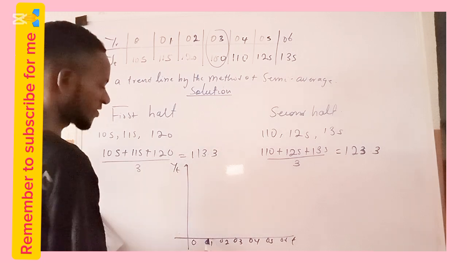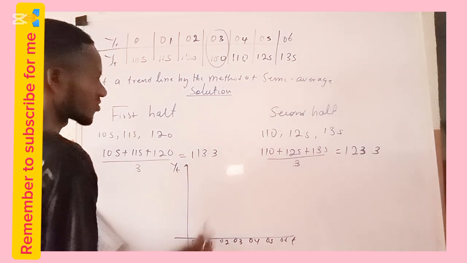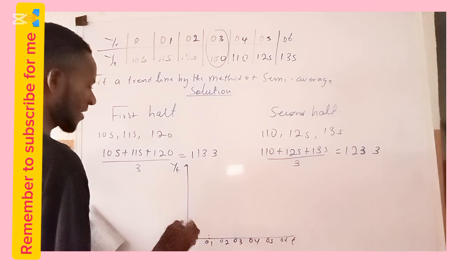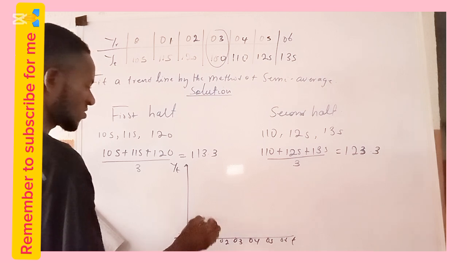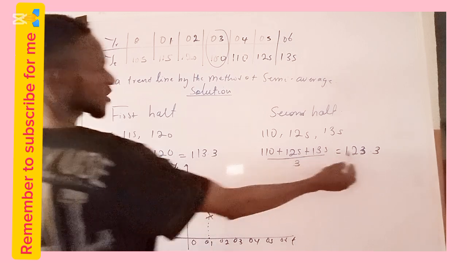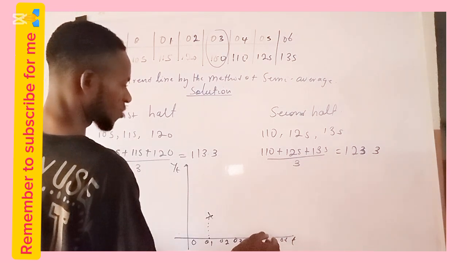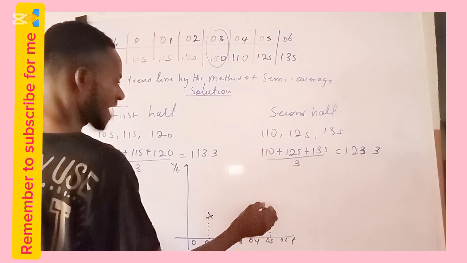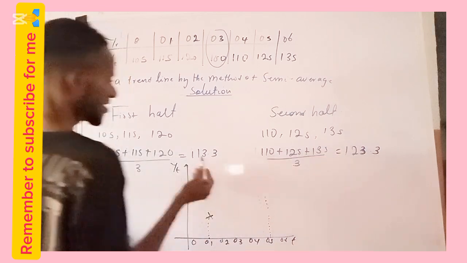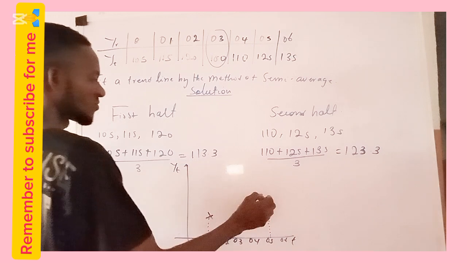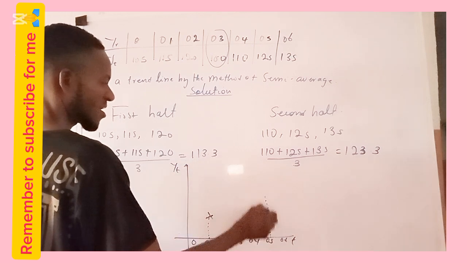The midpoint of this one is here. So we trace this value 113 and we plot it at this O1. Then this one is 123, so we trace it here. The midpoint is going to be this one. And you know that 123 is greater than 113, so it's going to be a bit taller.